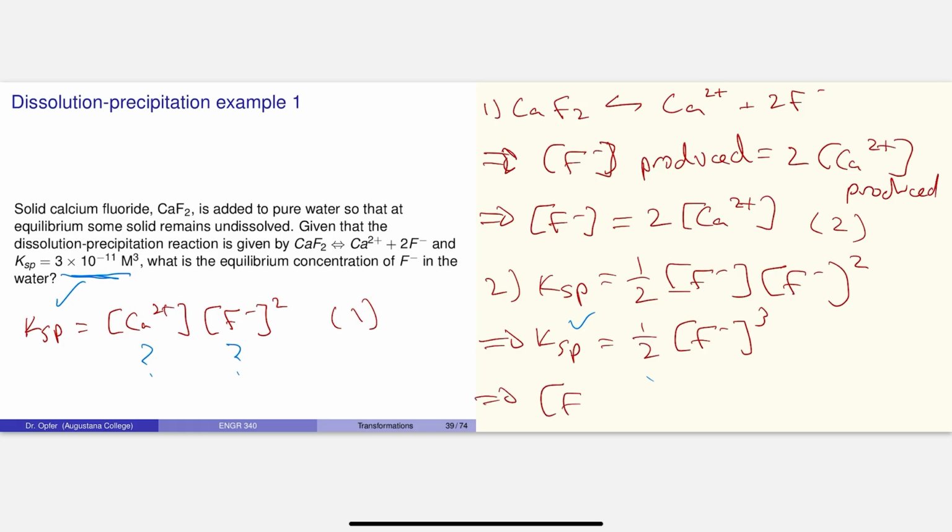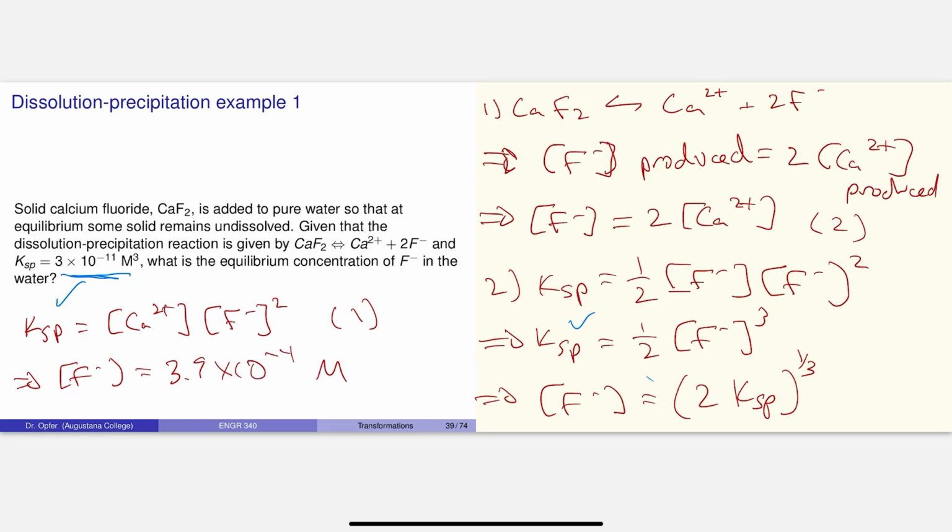The concentration of fluorine is going to be 2 times KSP, to the cubed root. What you should find is that fluorine is exactly equal to 3.9 times 10 to the minus 4 moles.